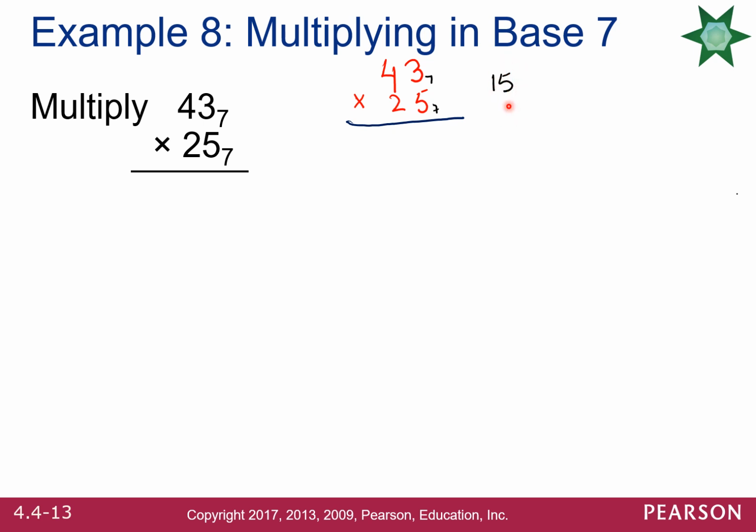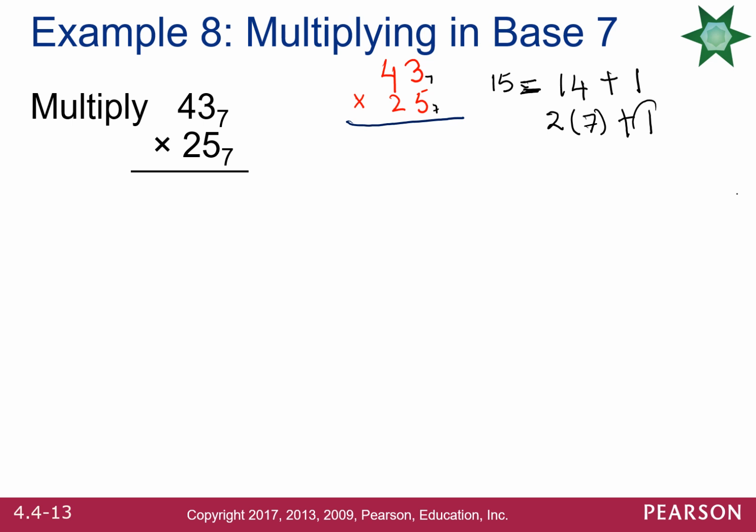So clearly we have two bundles of 7s, right? 7 plus 7 is 14. So this is like saying we can rewrite 15 as 14 plus 1. 14 represents two bundles of 7s, plus 1.